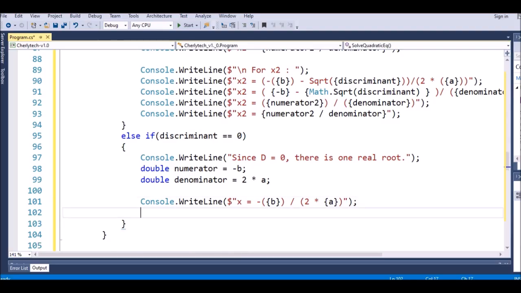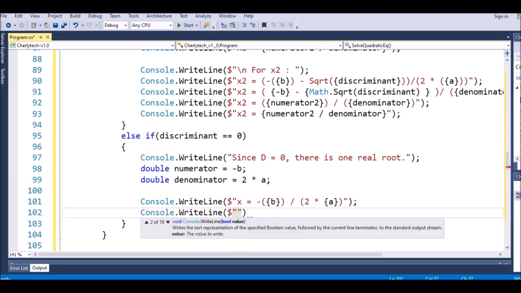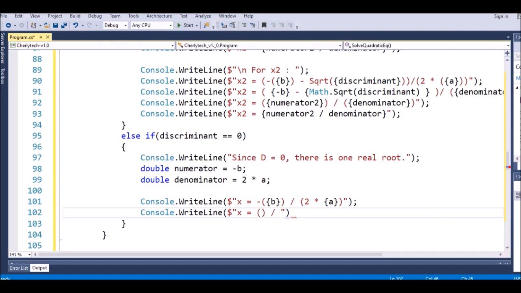So we say console dot write this one, x equal minus, say here new numerator, right? And this one to be numerator.